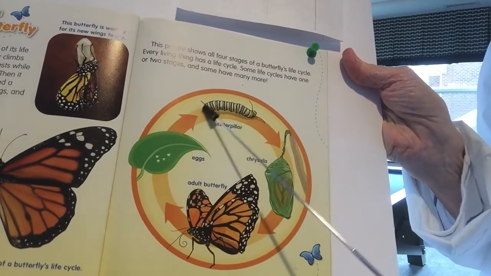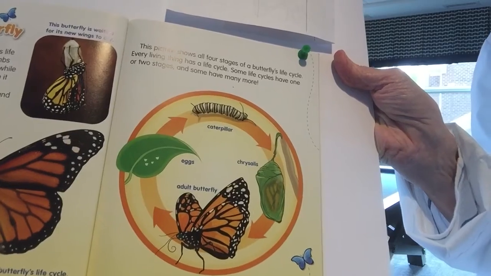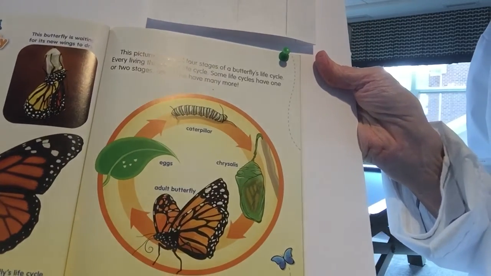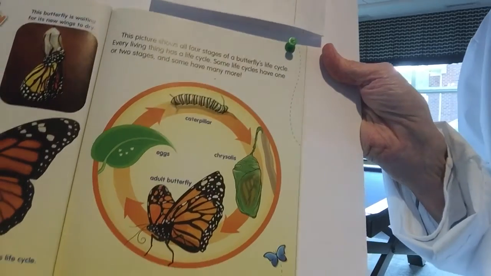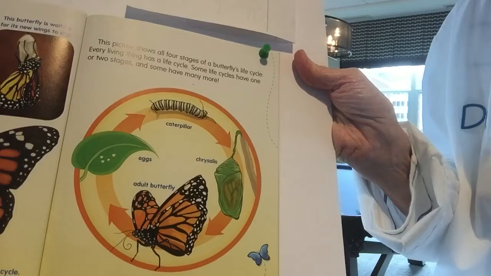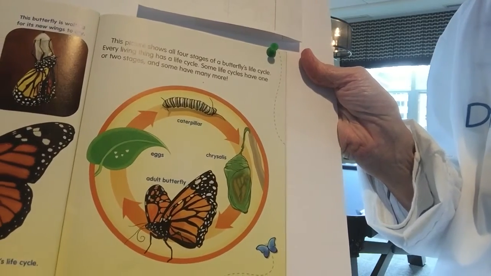You've probably seen these beautiful yellow and black caterpillars running around everywhere. They're very interesting, and I'm going to show you a live one in just a minute. And then something wonderful happens.